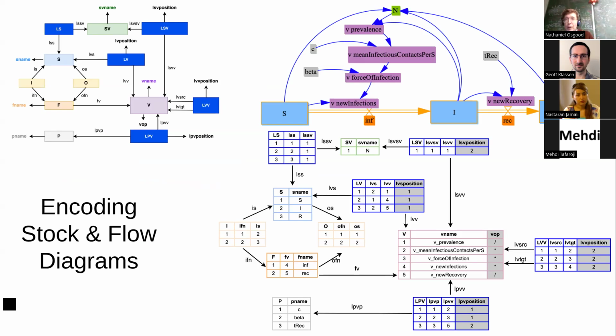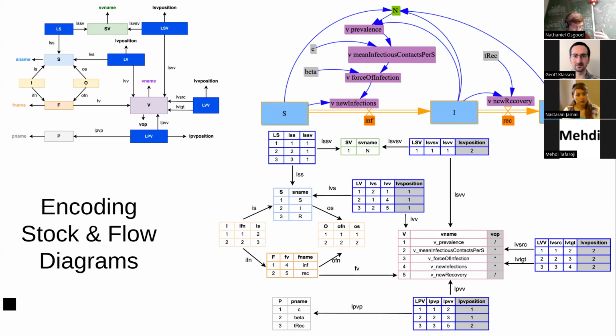Okay, so everyone here is at a certain level familiar with our work, pioneered by Xiaoyan with stockflow.jl, and that work encompasses, as you're aware, multiple types of system dynamics diagrams and encoding them categorically for a variety of benefits.